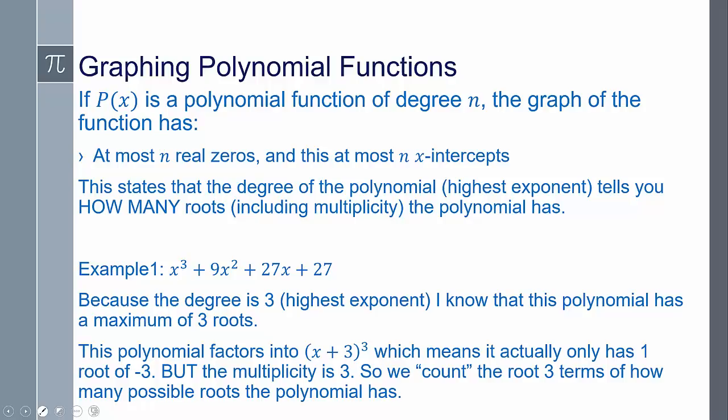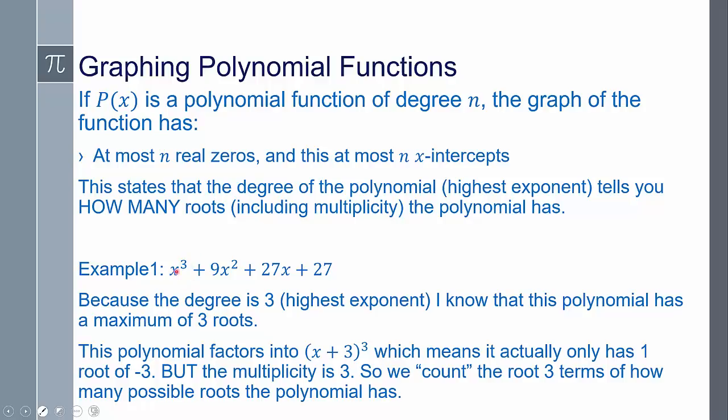It's kind of weird, and we're going to see that concept develop a bit more, but just to give a brief example: this polynomial says 3, so my degree is 3, and I know it's going to have a maximum of 3 roots, both real and imaginary. We don't know how yet, but this actually factors into this, which means I do have a real zero, or real root, of -3, but the multiplicity is 3.